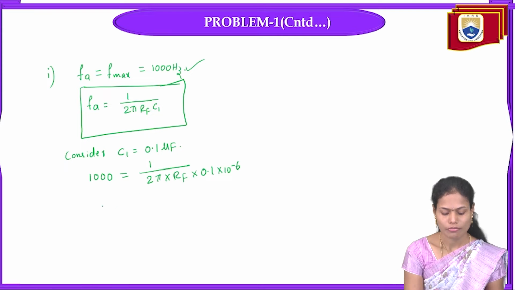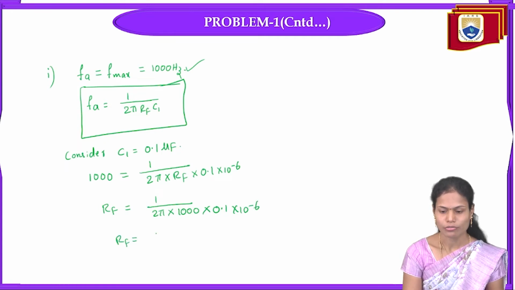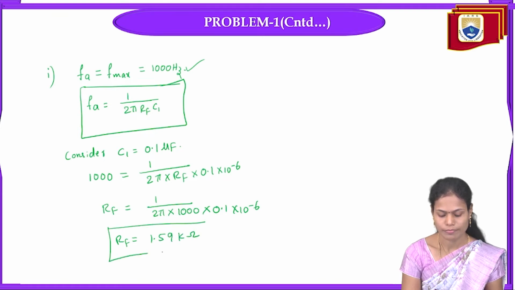So from this we want to calculate the value of RF, that is equal to 1 by 2 pi into 1000 into 0.1 into 10 power minus 6. So if we solve this value, we will get it as 1.59 kilo ohms.